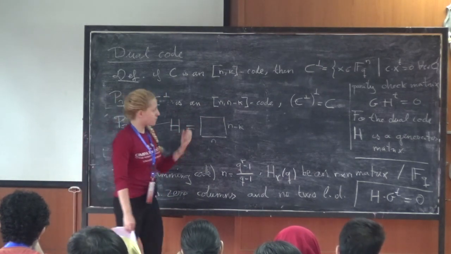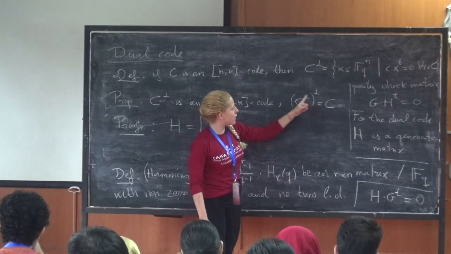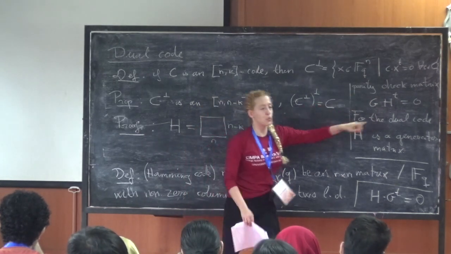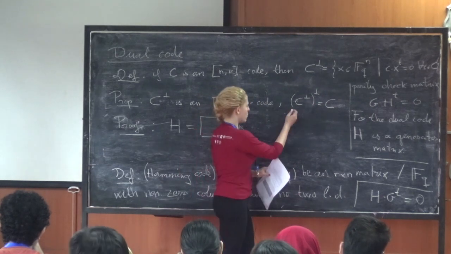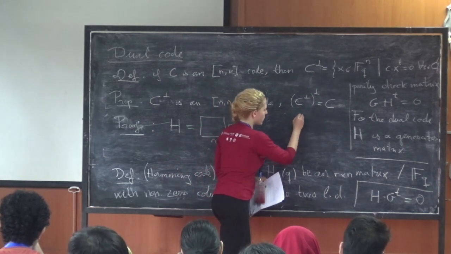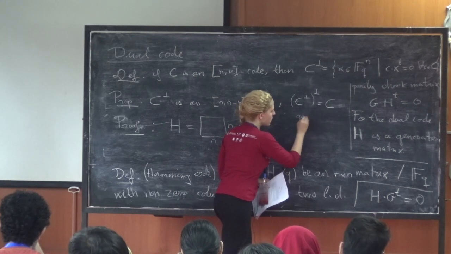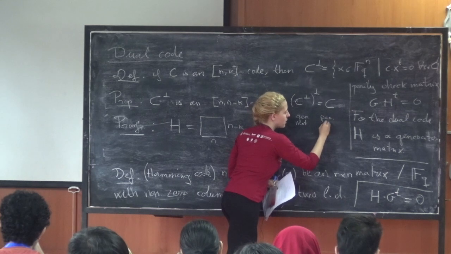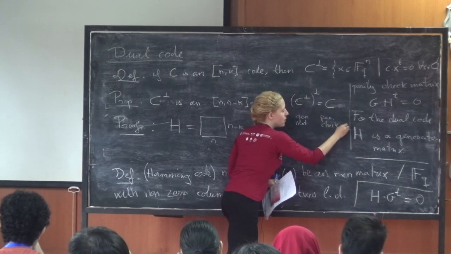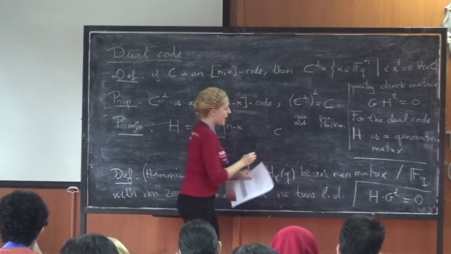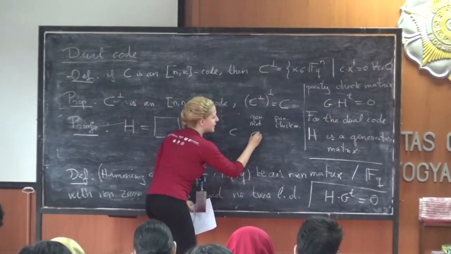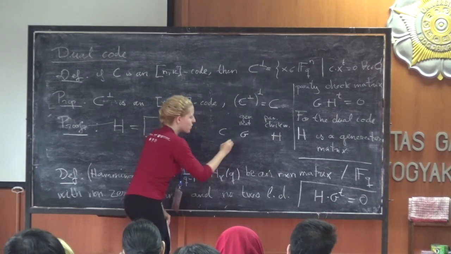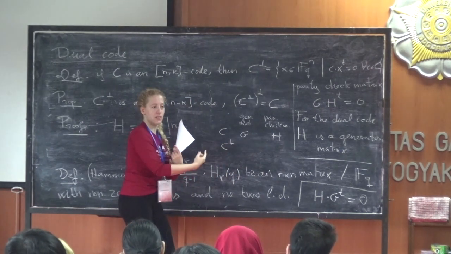Okay? Now, I want to prove that the dual of the dual is equal to the original code. But this is easy with the characterization that we gave here. Why? Because I'm going to write here generator matrix and parity check matrix. So for C, I have that the generator matrix is G and the parity check matrix is H. For C dual, I said that I have to switch the matrices.